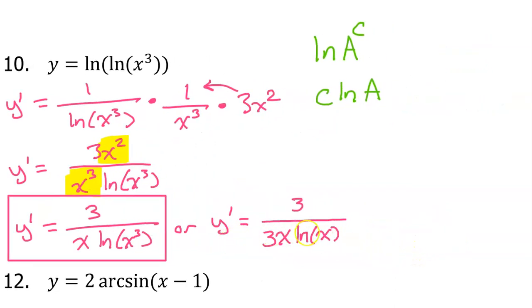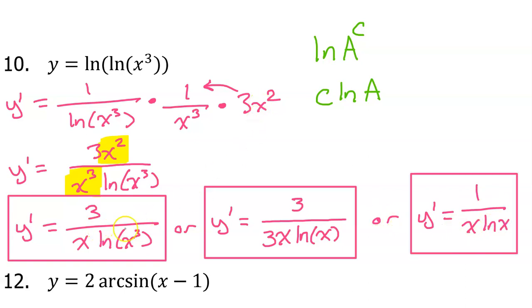So here's another version of the answer, but obviously the point of doing this would be so I can cancel out the 3's. So a more simplified version of the answer would be 1 over x ln x. All 3 of these would be acceptable, but the third one is what you would probably see on a multiple choice question.